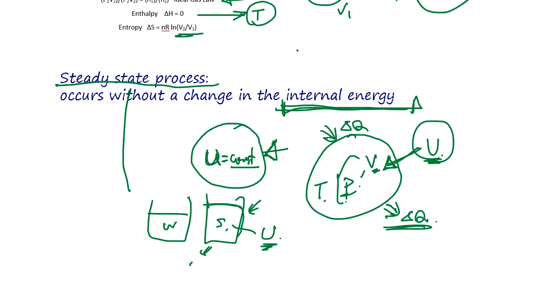Then the internal state changes. For example, water's internal state changes, but internal energy is constant. That's a steady state process.